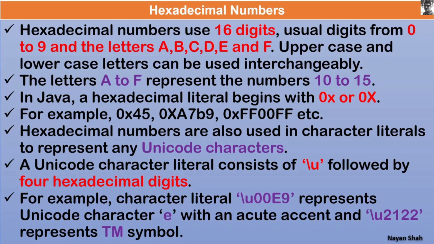Or 0xFF00FF. Generally, hexadecimal numbers are used for describing colors. The last example, 0xFF00FF, is used to represent a combination of red and blue, because the first two digits represent the red value, the second two digits represent green, and the last two digits represent blue, RGB.